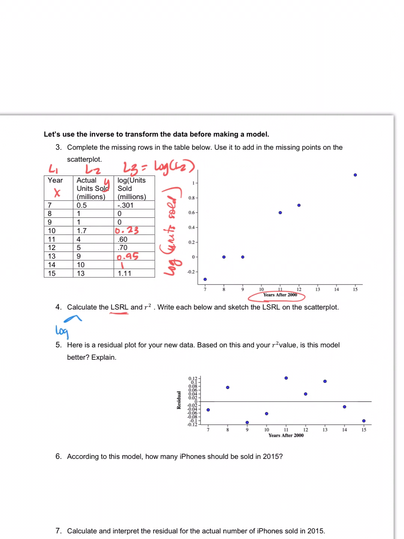Predicted log of units sold. So I need a longer hat on that. Comes out to be negative 1.54 plus 0.18, and that would be years after 2000.